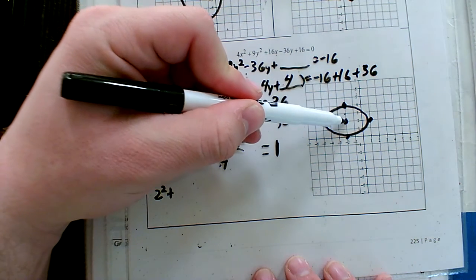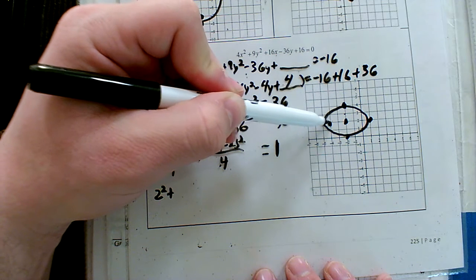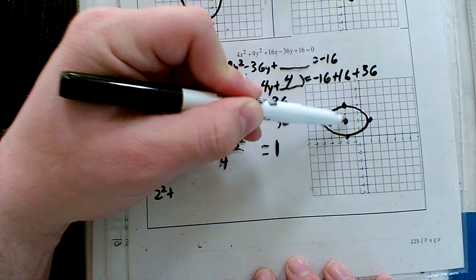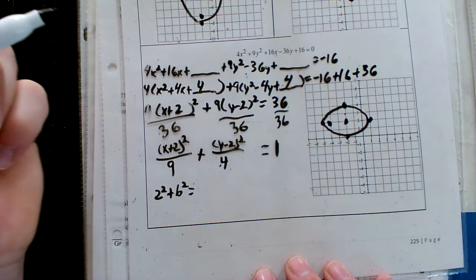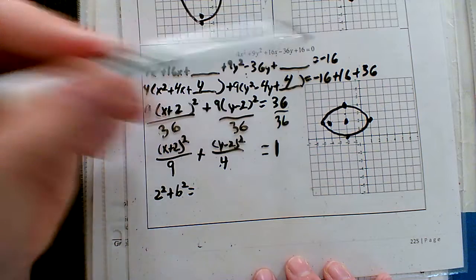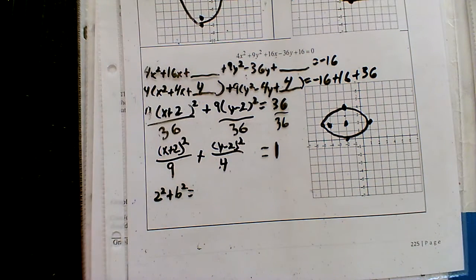The distance from the center to this focus point somewhere over here, we don't know exactly where it's at, but it's less than that vertex. We don't know that distance yet, so that's our b squared. But we do know the distance from our co-vertex to our focus is what? Remember, it's the same as something else, so you're able to count it.